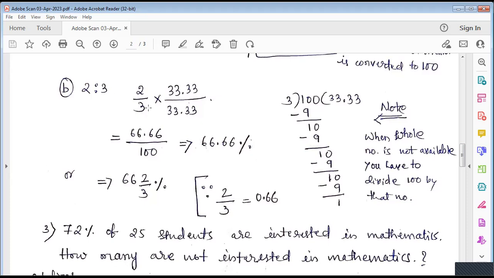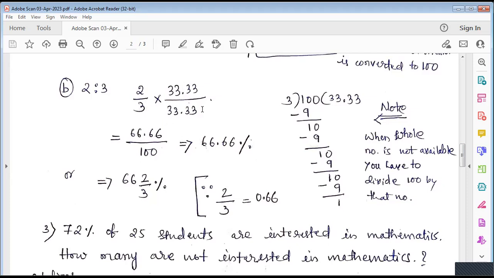So here 2/3, into a suitable number we have to multiply. So 3 is an odd number, so there is no round number or whole number whose multiplication with 3 gives 100.